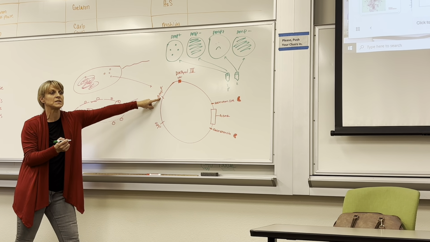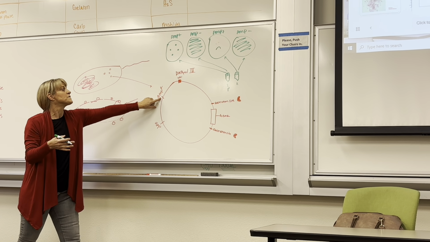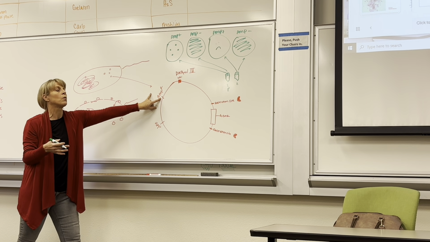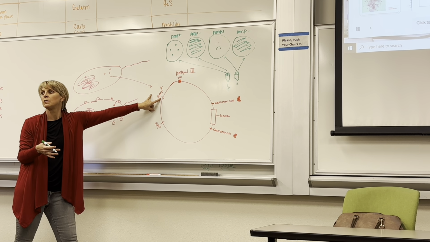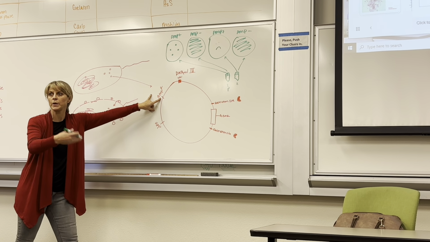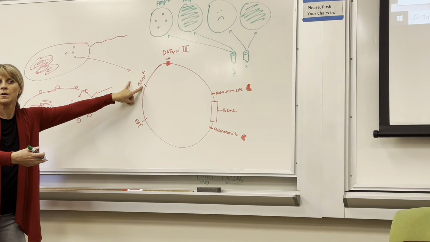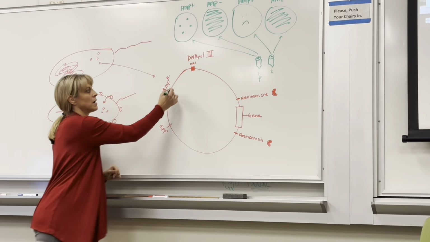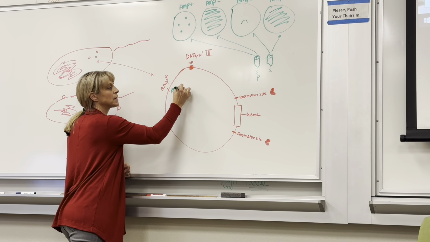So ampicillin, what class of antibiotics is that in? The cillins, penicillin. So what kind of antibiotic is a cillin? Cell wall. That's what we used it as an example. Beta lactam, yeah. So this is a beta lactam, so it's making beta lactamase.